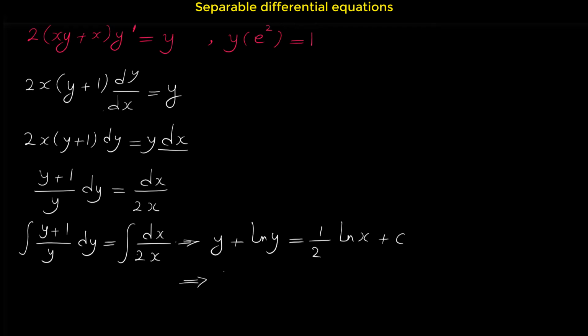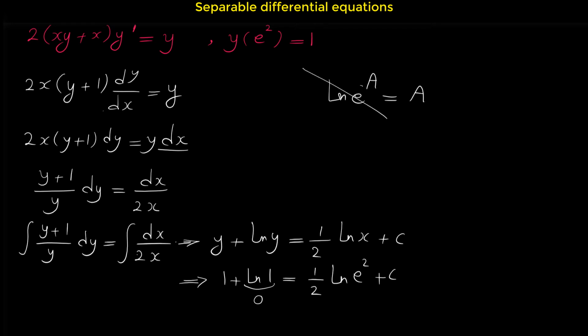So we have 1 plus ln of 1 equals 1 over 2 ln of e to the 2 plus c. ln of 1 is 0. ln of e to any expression equals the same expression. ln and the exponential function are inverses of each other, so they cancel each other and eliminate.